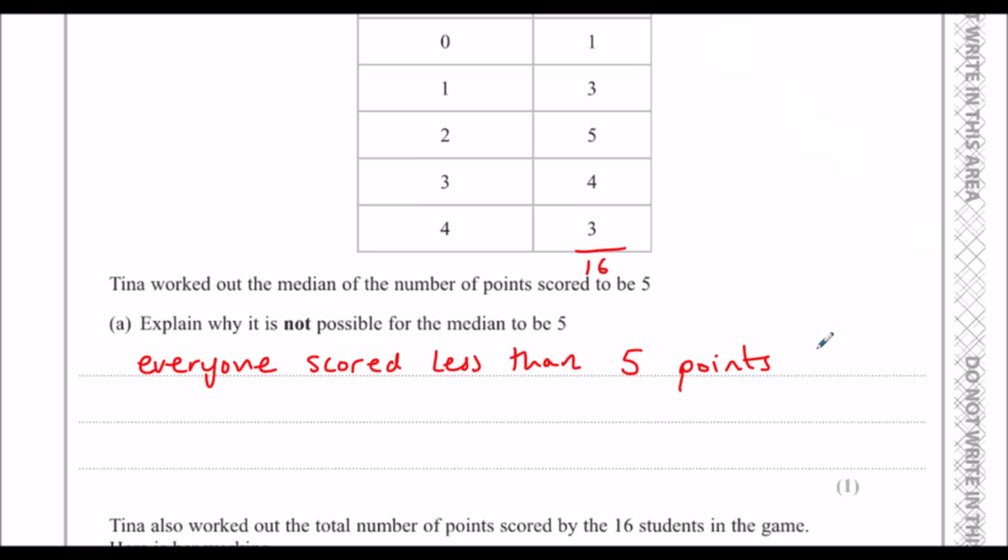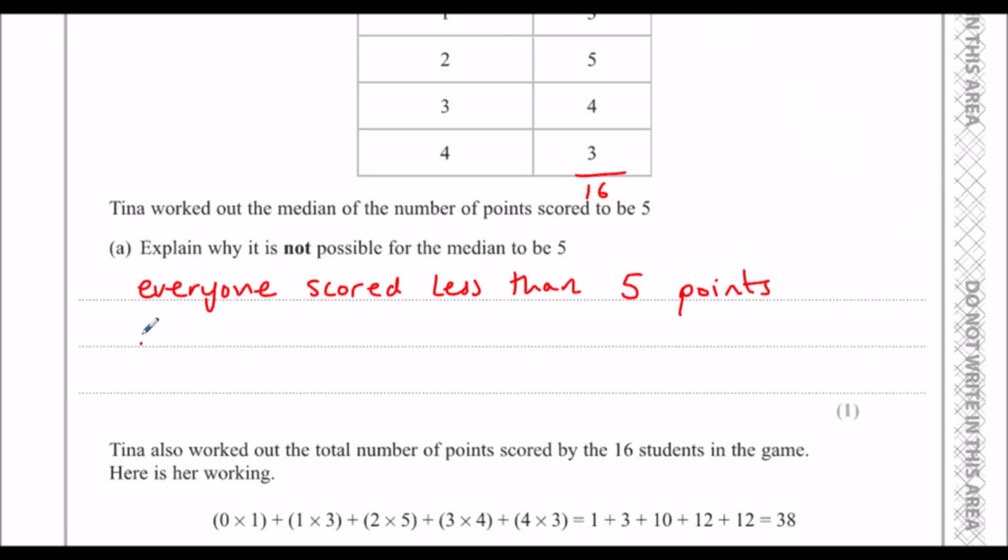So the median must be between 0 and 4. The median must be within the range of points scored. Median must be between 0 and 4.